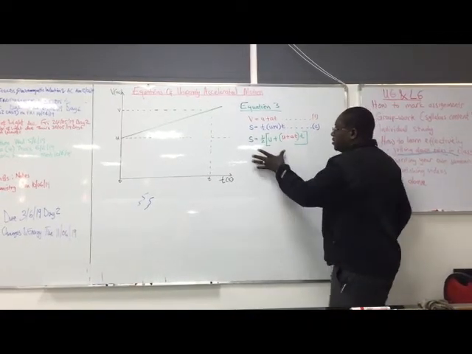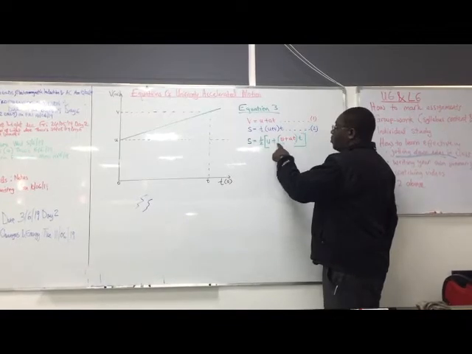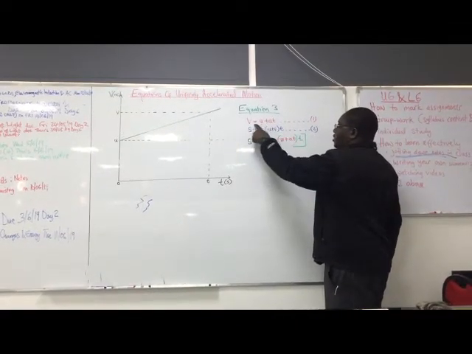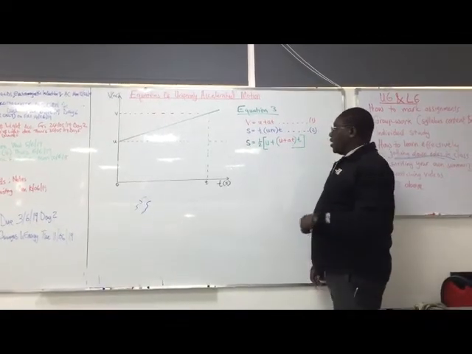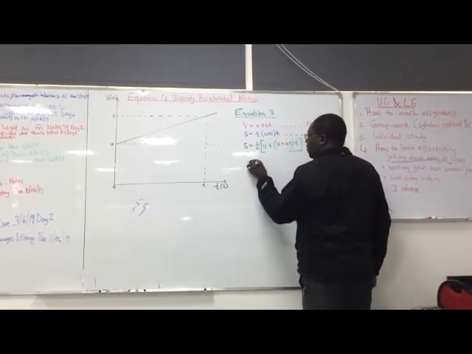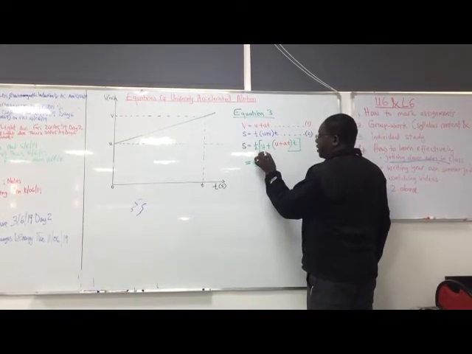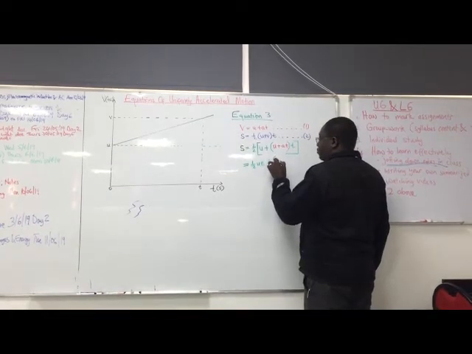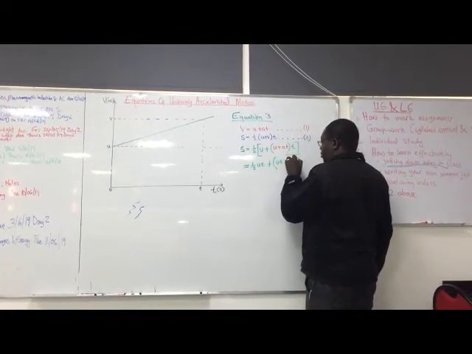So v being equal to u plus at from equation 1, simplifying that gives us half bracket ut, because this t multiplies that u, and then plus that bracket, we have ut plus at squared.